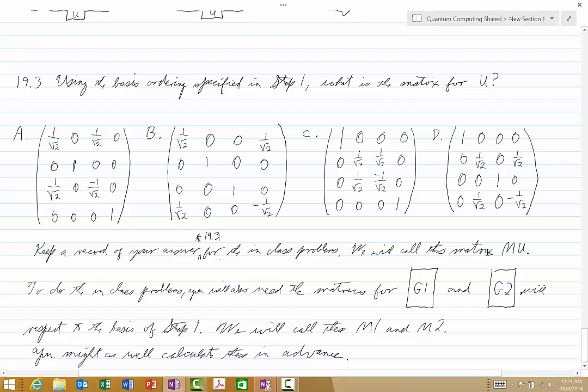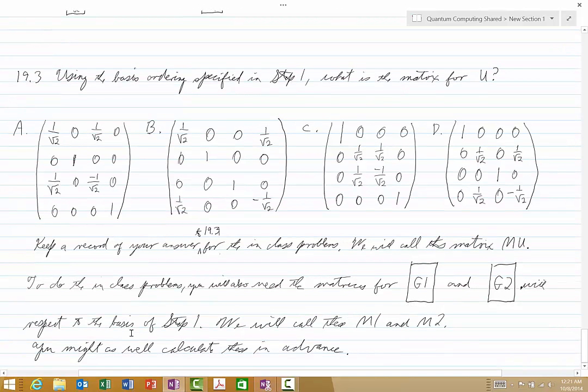We will call this matrix MU, since it's the matrix for U. To do the in-class problems, you will also need the matrices for G1 and G2 with respect to the basis of step 1. We will call these M1 and M2 respectively. You might as well calculate these in advance. And then I'll have you do just a little bit of calculation with those matrices on the in-class problems. So that concludes this lecture, and good luck.